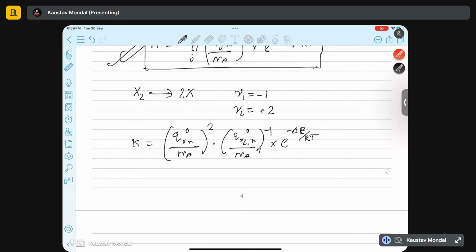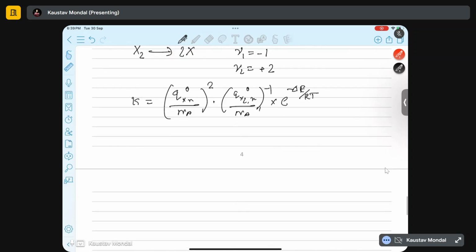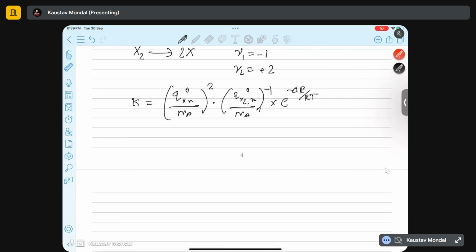Okay. So now, from here, since this is a NA to the power minus 1 term, basically 1 NA will cut from each of the sides. So this basically gives us QXN0, this thing whole square, over QX2N0, into e to the power minus delta E by RT.